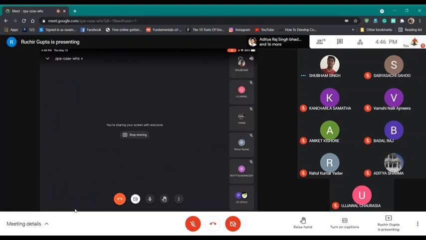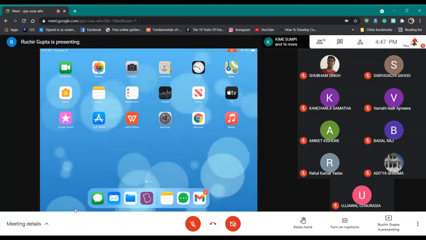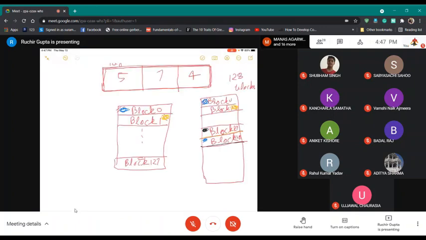And because of locality of reference, it is not very likely that two very distant blocks are required again and again. So what is the problem with this? Can you suggest to me?